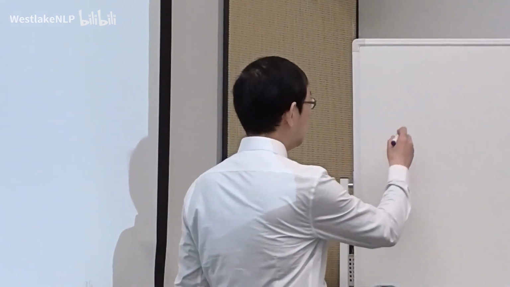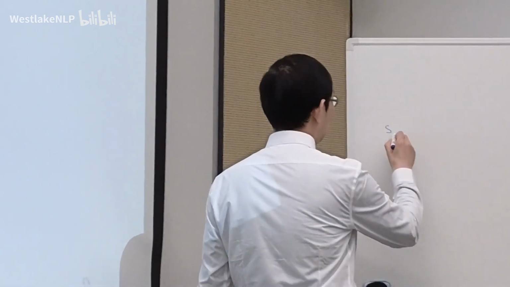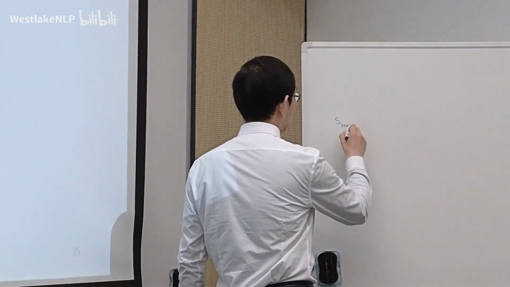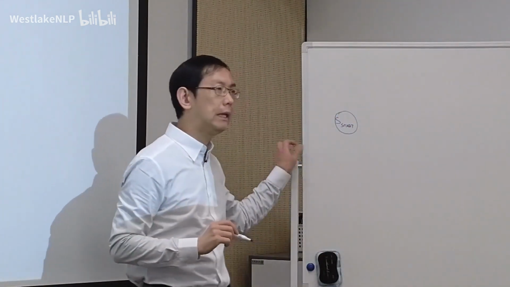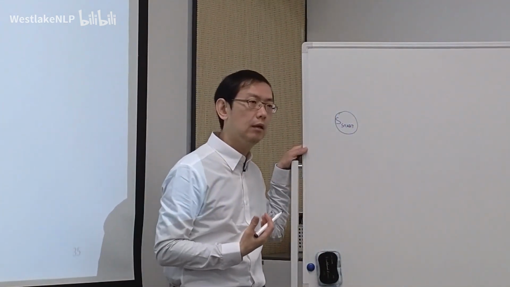So I will ignore how to train the model, because you all know how to train a model given a set of data. But now, given the model and given an input sentence, how do we perform word segmentation or dependency parsing? So the basic idea is we begin with a start state, okay?